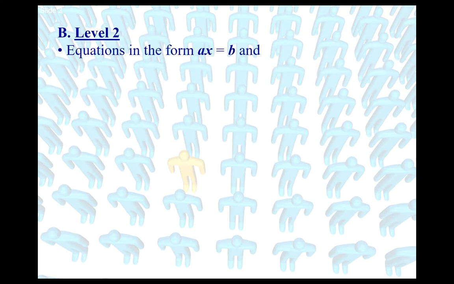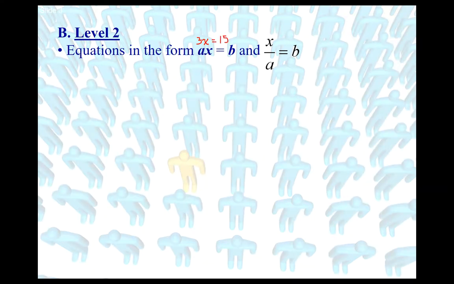Okay, so level 2 equations can be in one of the following forms. They can be in the form ax equals b, or they can be in x over a equals b. A and b can be any integer value. So an example of this might be, you could have 3x is equal to 15.